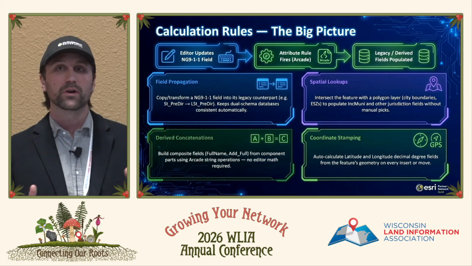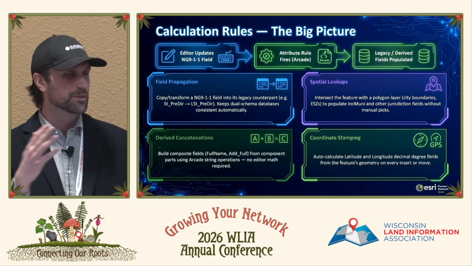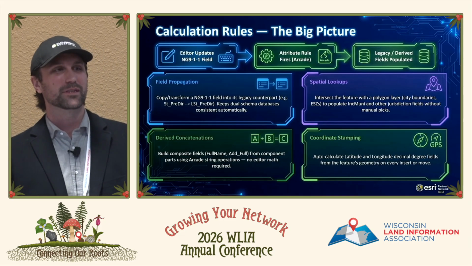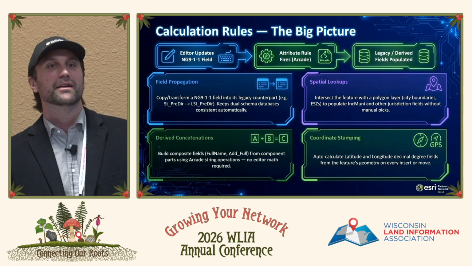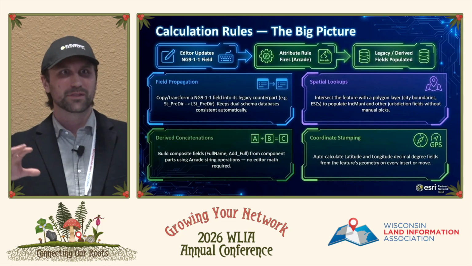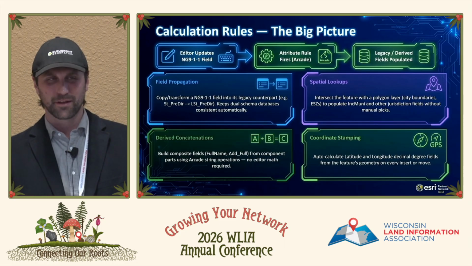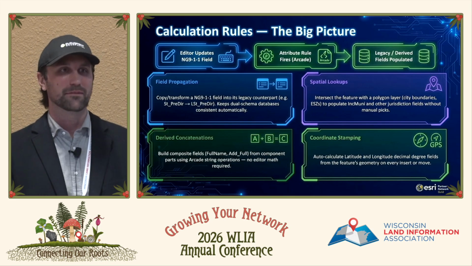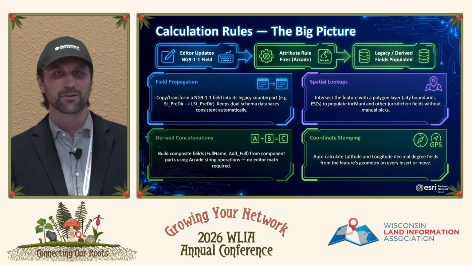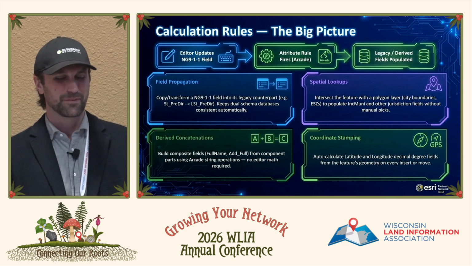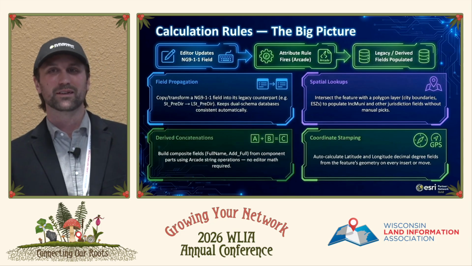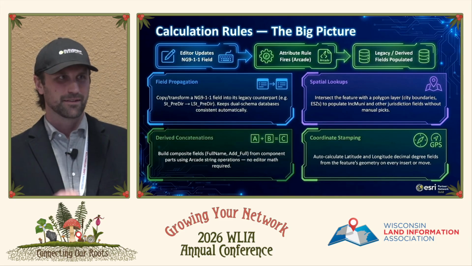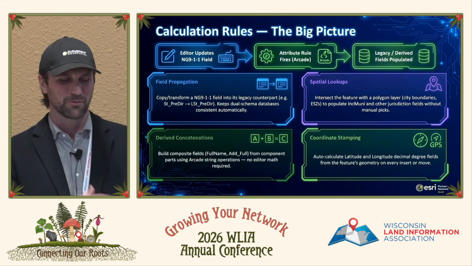When NG911 wants those directionals to be spelled out, southwest spelled southwest, and you're used to typing in SW, having to type in multiple fields every time you add an address point or a road center line, that is just a recipe for common editor error. We all have thick fingers from time to time. I'm certainly susceptible to typos. So as far as getting people from typing in the exact same information over and over again, that's what we're trying to move away from.